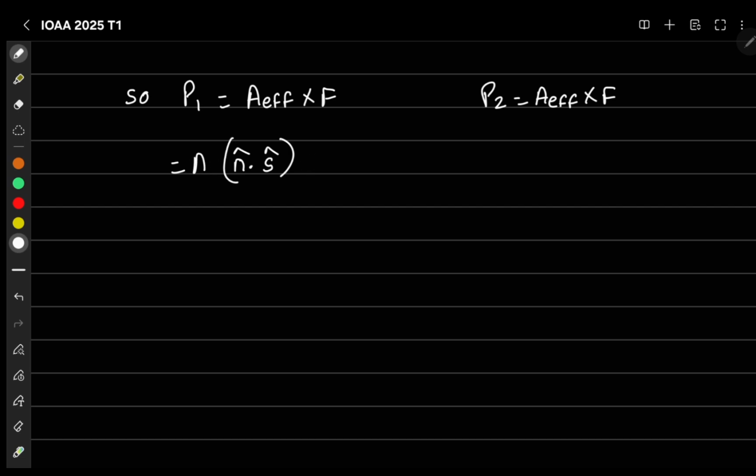So I can simply write AF, and if N1 is the unit normal vector for detector D1, then this can be written as N2 cap dot S cap.